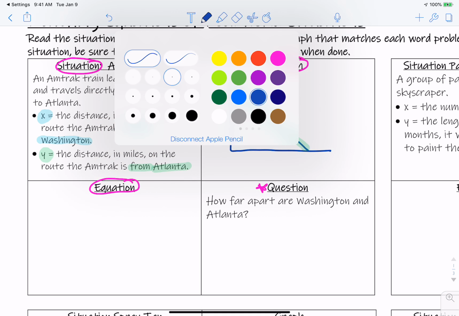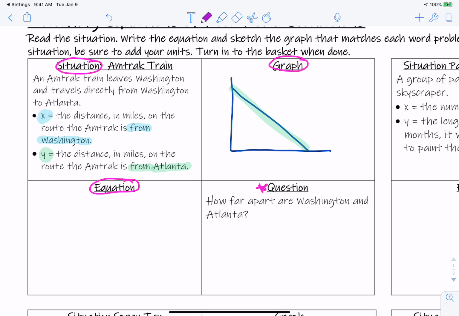Now let's label our axes so we know exactly what we're working with. Our x-axis is the distance from Washington. So when we look right here, if our x is the distance from Washington, this x value is going to be some high number, but the y value here is going to be 0.